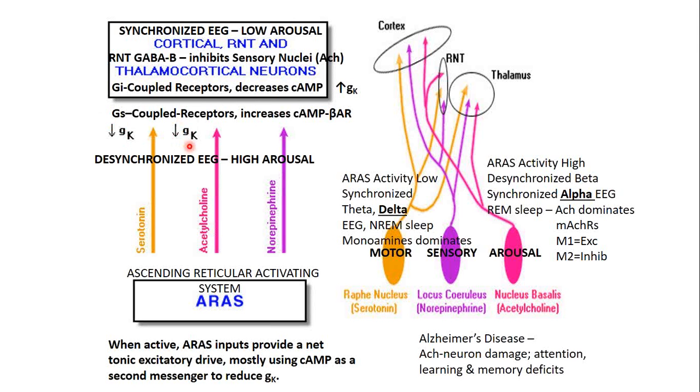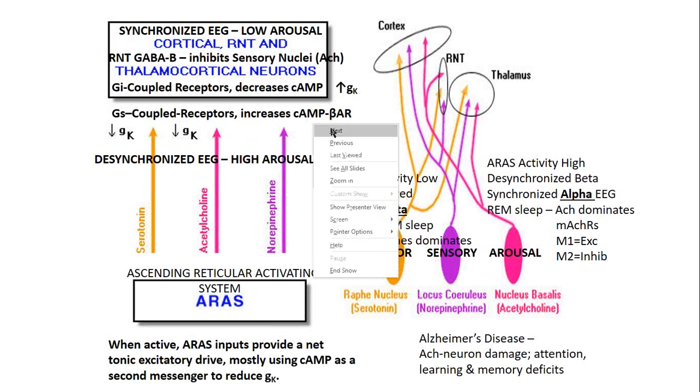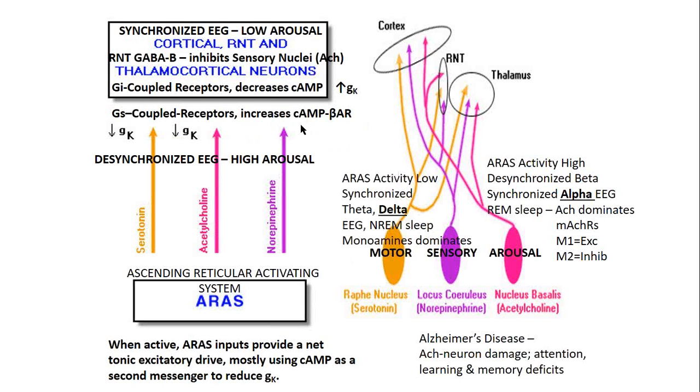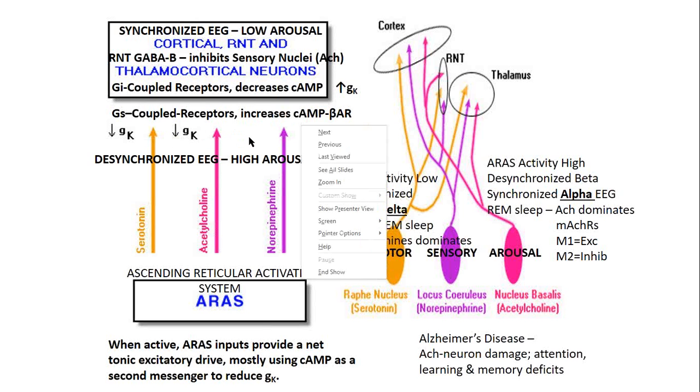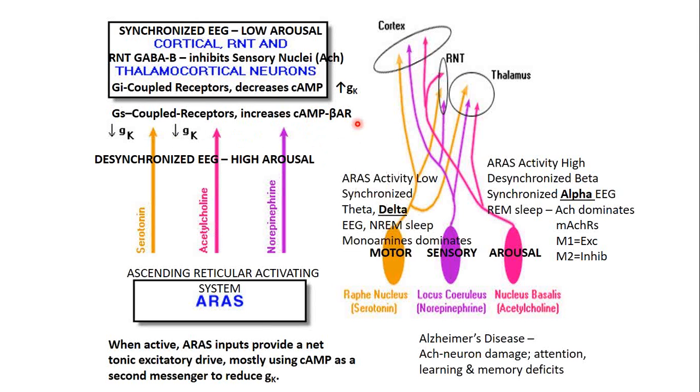So now potassium, if it's not conducted out as much, accumulates inside. And the increase in cyclic AMP that results from that is associated with stimulating beta-adrenergic receptors. Remember, beta-adrenergic receptors are these norepinephrine receptors. Okay? There are other receptors for serotonin called serotonin receptors. In a subsequent slide, we'll deal with them. But let's just think of the norepinephrine system here.